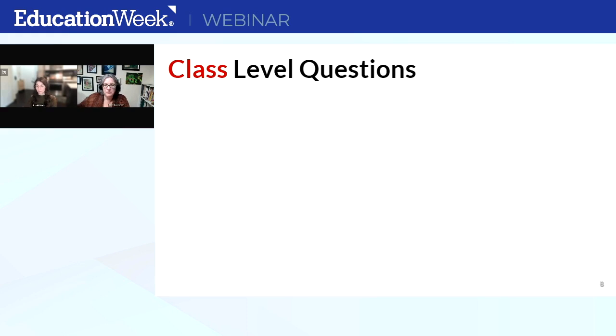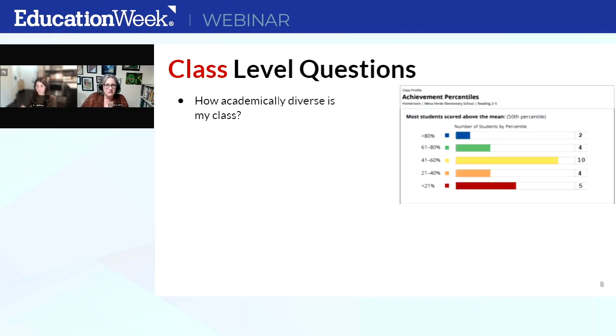Now at the class level, we're getting down to the teacher level here, and the teacher has 2 levels. They can look at their class as a whole and then obviously drill down into their students. So if we're taking a look at the larger class level, one of the things that MAP growth is really helpful with is getting a sense of how academically diverse your class is.